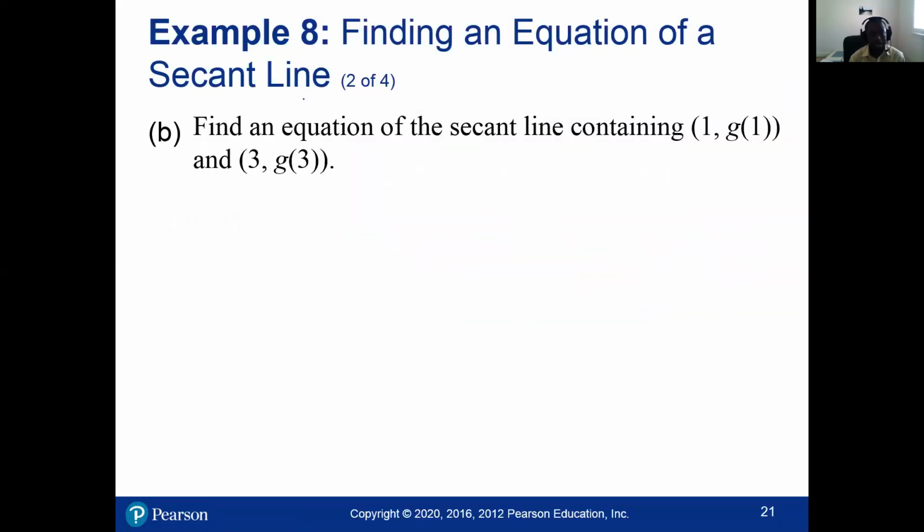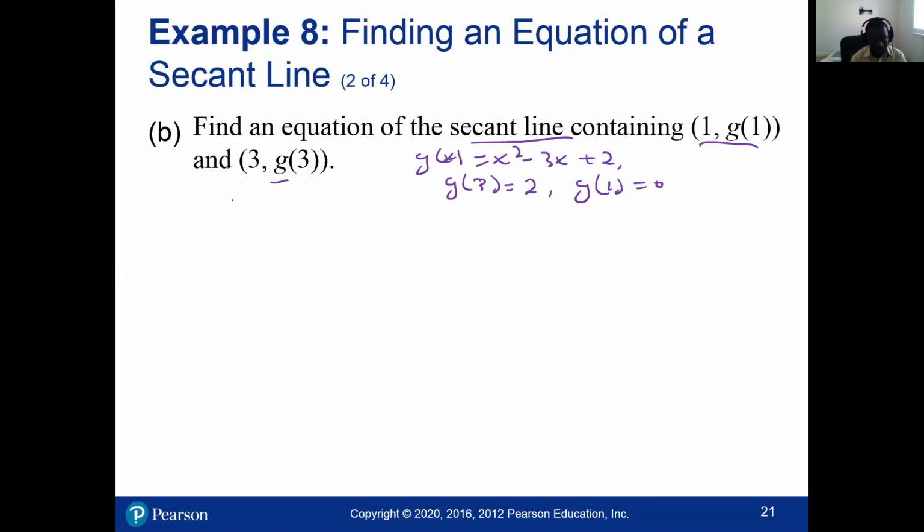It says find an equation of the secant line containing these points. Now, your g of x is x squared minus 3x plus 2. We just found g of 3, we got 2, and g of 1, we got 0.